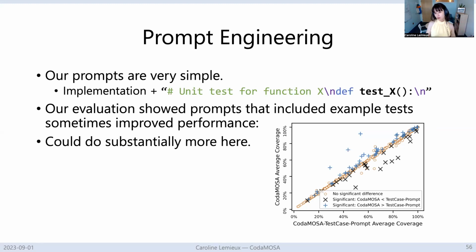So even though regular CodaMOSA with this simple prompt was better on more benchmarks, we did see some large coverage increases from adding that example test case on a few, maybe 20 or so benchmarks. So there's obviously space to do better in terms of prompt engineering here. And this also applies to updated large language models other than Codex, right? There could be a lot more performance to be had there.